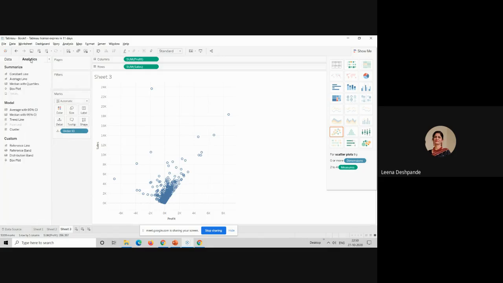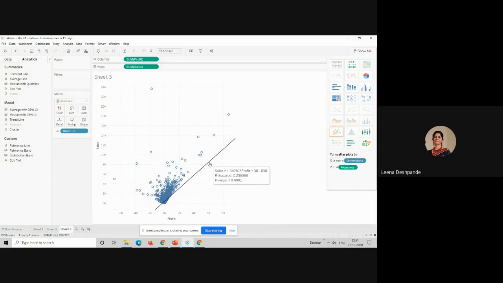Go to analytics, and in analytics, go to trend line. Just drag and drop. When you drag it over here, you will find five different options: linear, logarithmic, exponential, polynomial, and power. Let's select linear.